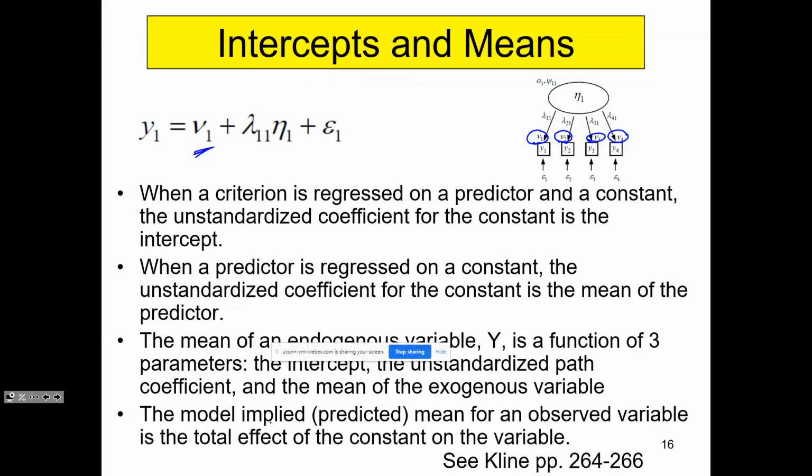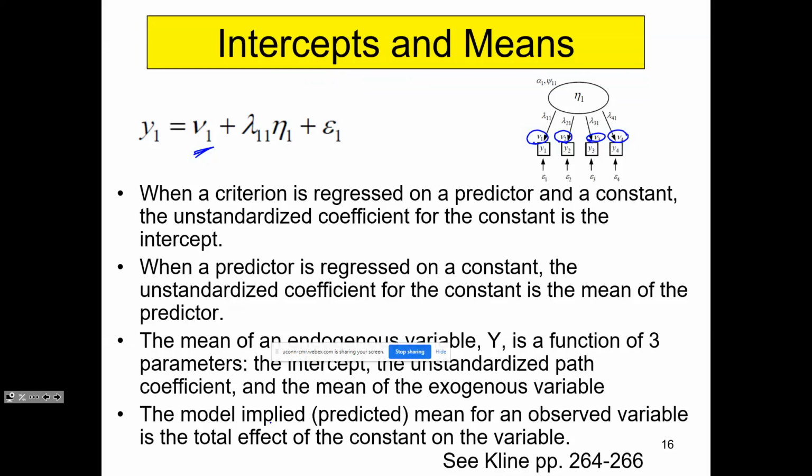And then in that case, you can actually estimate the mean of the latent variable. Just like in the marker variable strategy, when we do that, the variance of the latent variable is in the metric of the marker variable. In this case, if you use a marker intercept strategy, the mean of the latent variable is going to be in the metric of the marker variable.